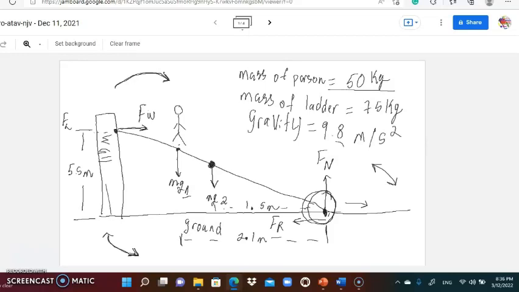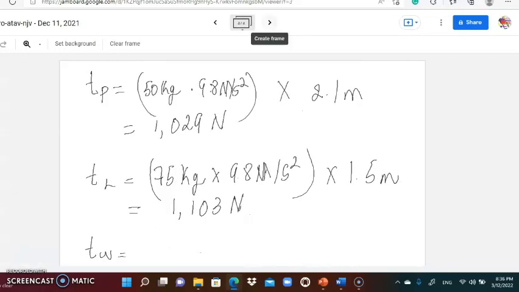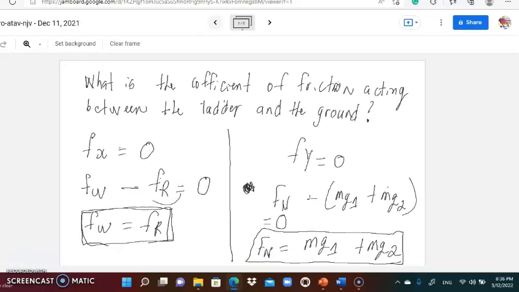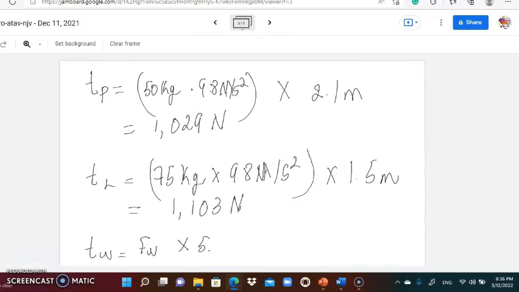So that is going to be FW, which we don't know, times, let's go back and look, 5.5 meters.